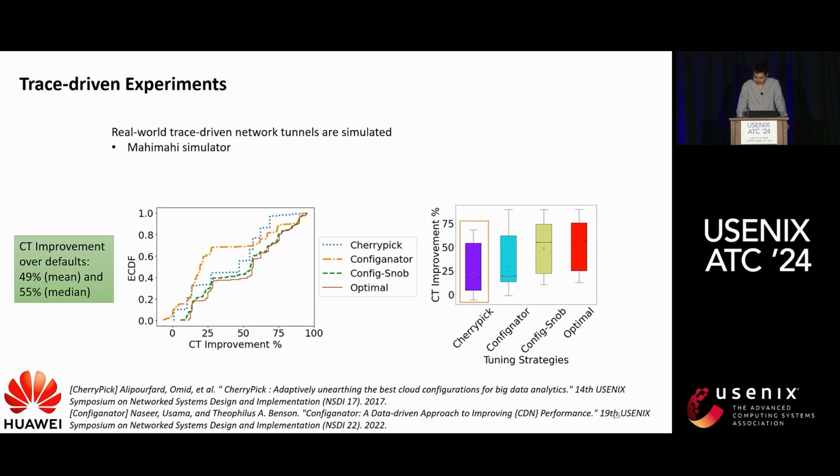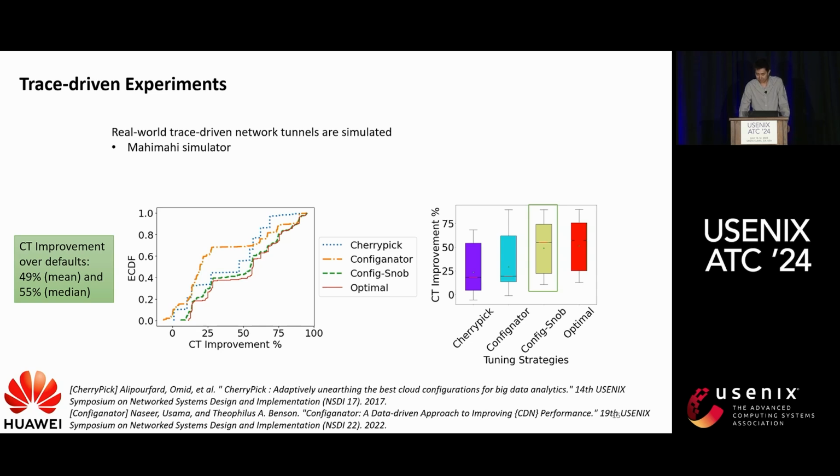We can see CherryPick results in slightly poorer performance due to random exploration. And for Configurator, the decision tree actually improved the result when used in place of BO at a steady state, but it used random initials for exploration.